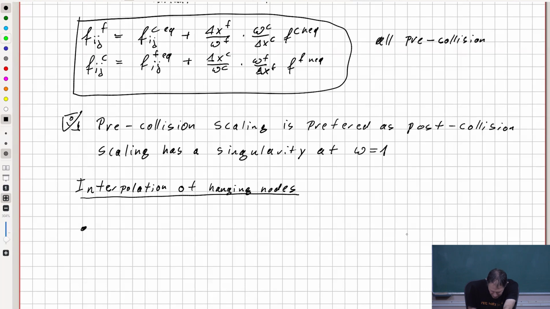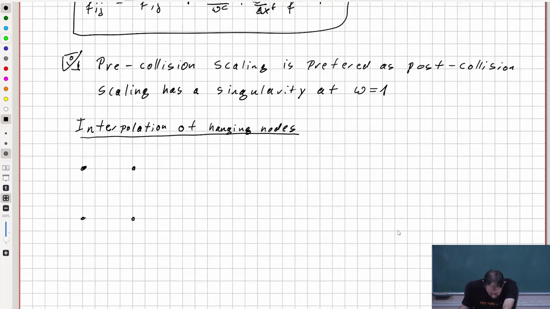Okay, trying to draw this again. 3, 4, 6. Here. So here starts the fine grid. Actually, the fine grid starts with this overlap here.